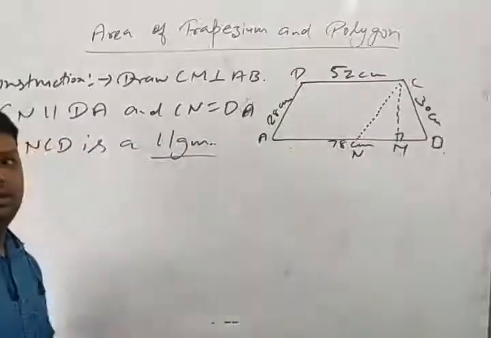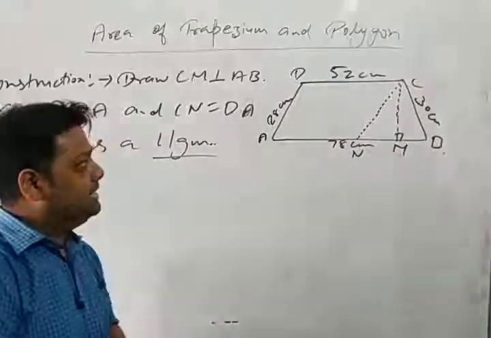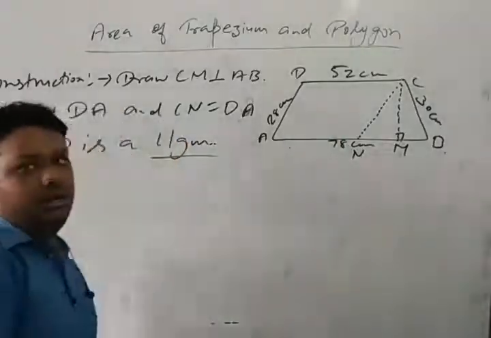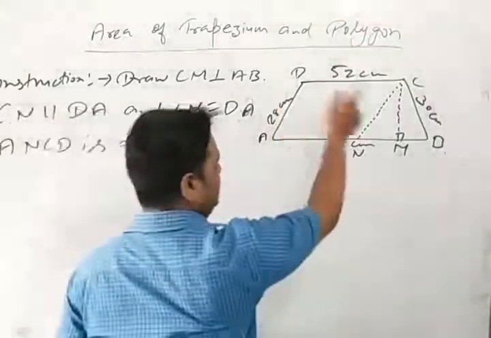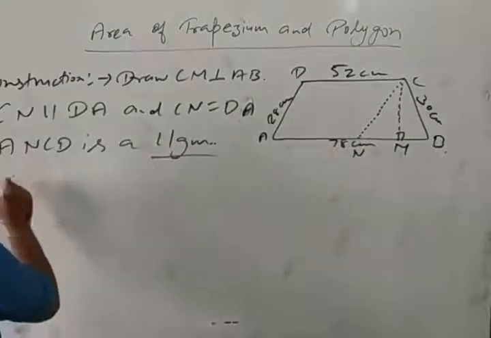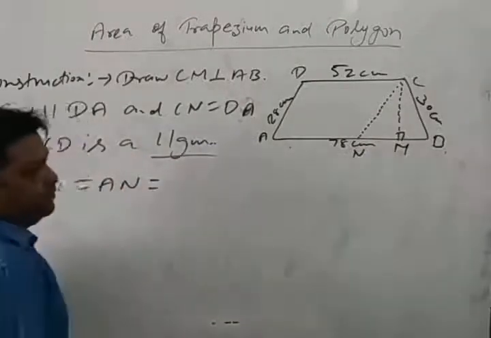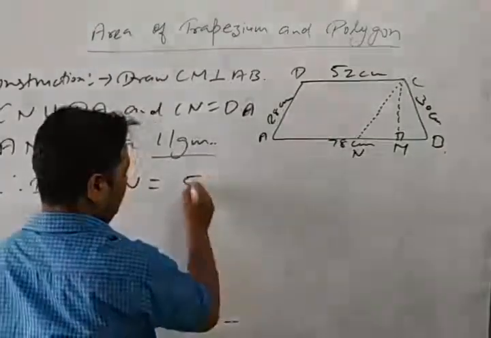And if ANCD is a parallelogram, the other sides will also be parallel and equal. So we can say that DC is equal to AN also. Therefore, DC is equal to AN, which is 52 centimeter.